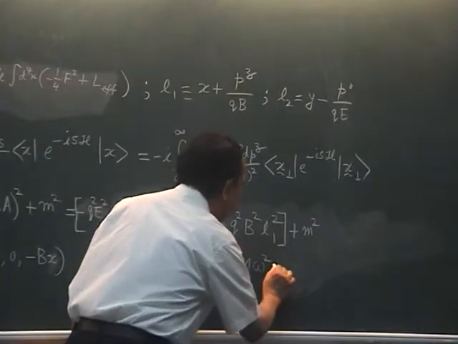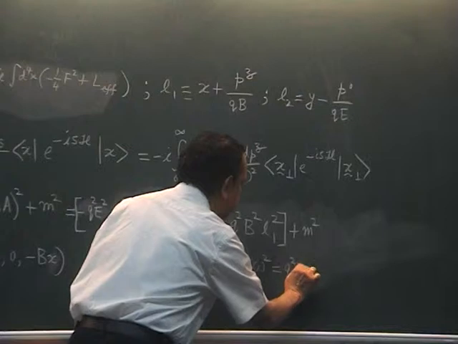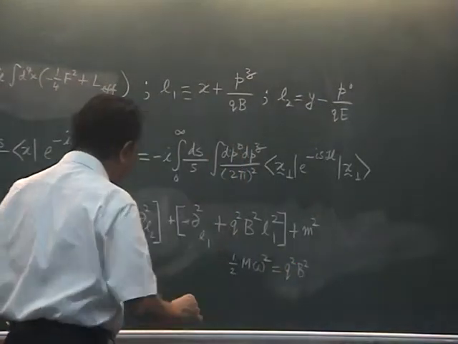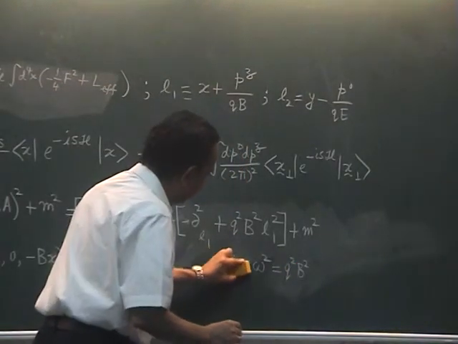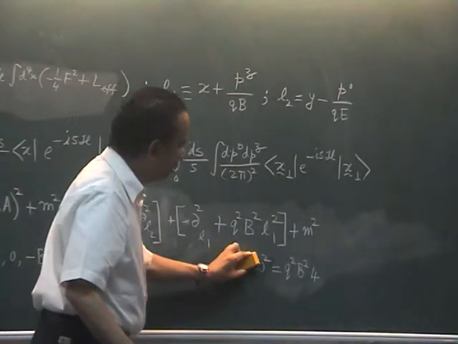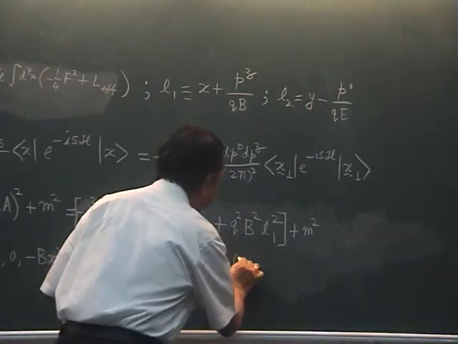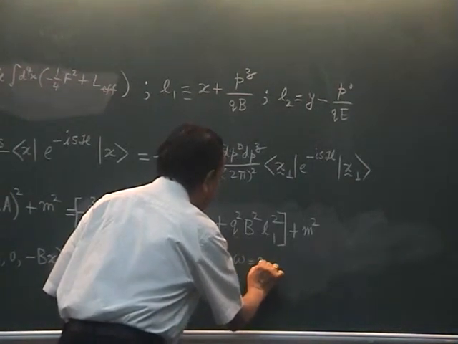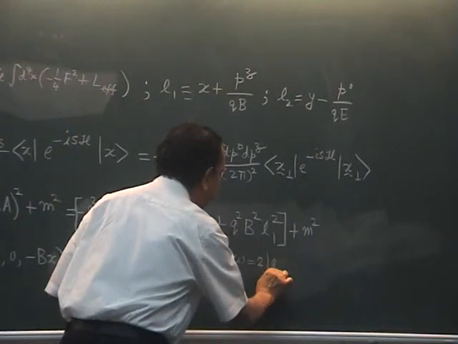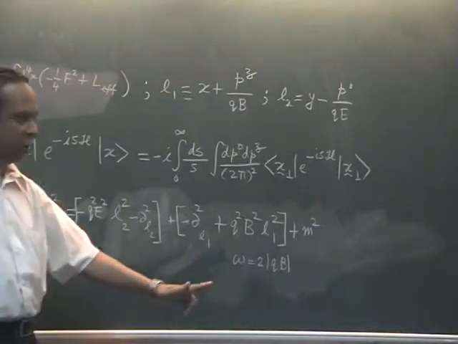That quantity is turning out to be q square b square. But m is half. So this is 1/4. So this is into 4. That means the frequency of the oscillator here is, the frequency is 2 times modulus of Q. The frequency is supposed to be a positive number, so you have to put a modulus of QB.